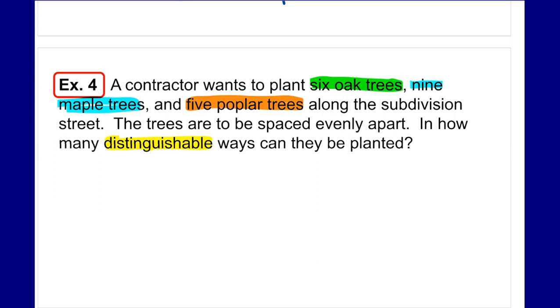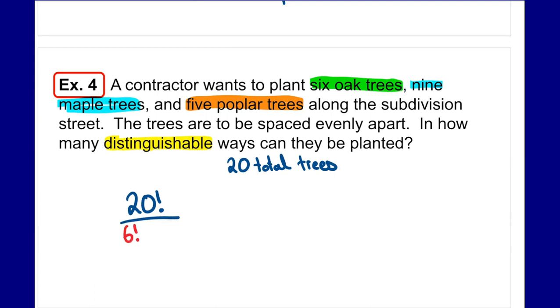So we have to think about how many total items do we have. So we have 20 total trees. So if they were all individual and all unique, it would be 20 factorial. But because some items are identical, we have to divide.